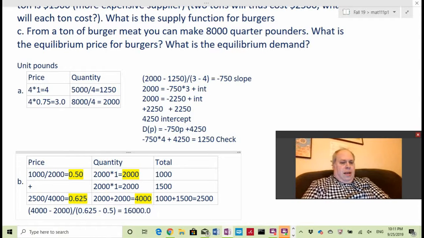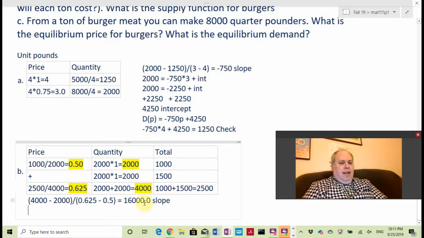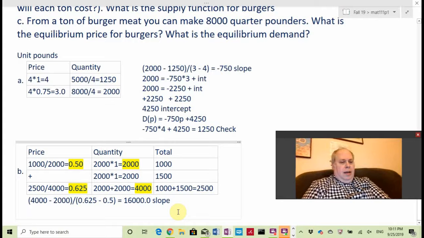And the result is a slope, a positive slope, that's important, of 16,000. It's a big slope because we're dealing with changes of around 10, 15 cents. A dollar change and big quantities of meat. A dollar change really would make a huge change in the amount of meat you can buy.